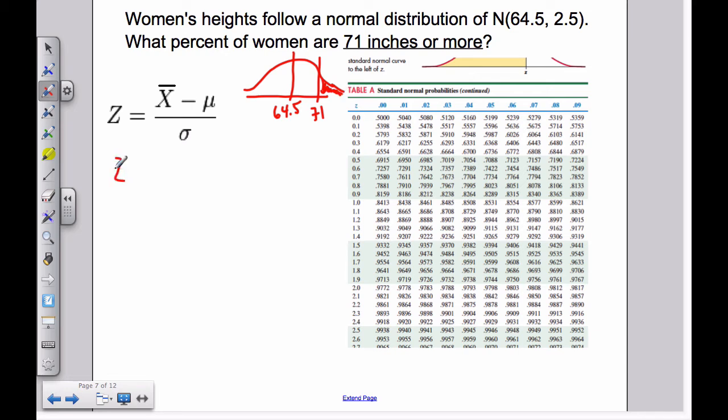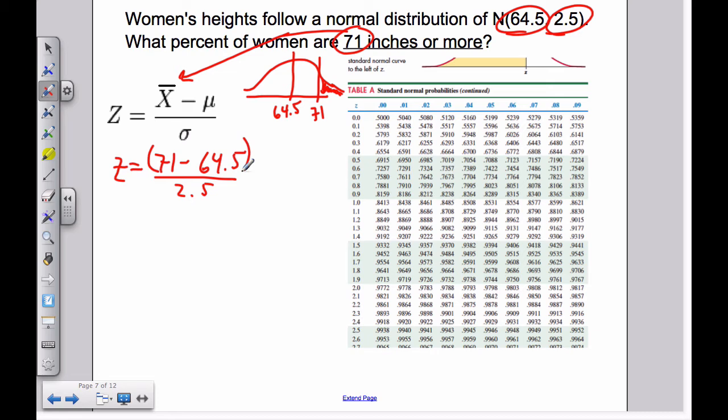Z equals, let's fill in our numbers. I'm testing 71, so that goes in for X bar. Minus the mu of 64.5. They told us that. That was this part right here. Divided by the standard deviation of 2.5. That came from this number right here.